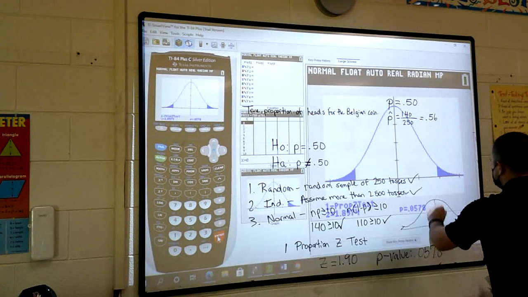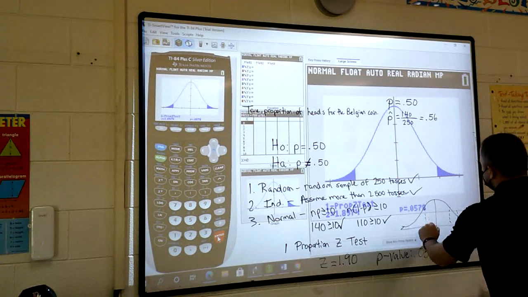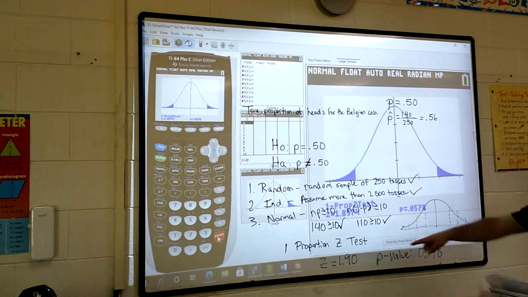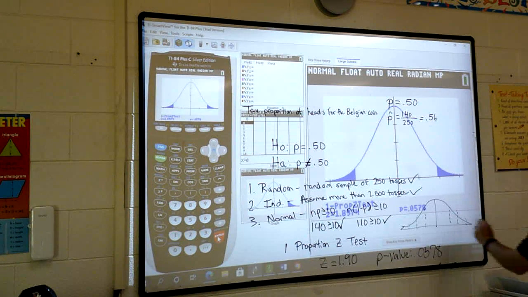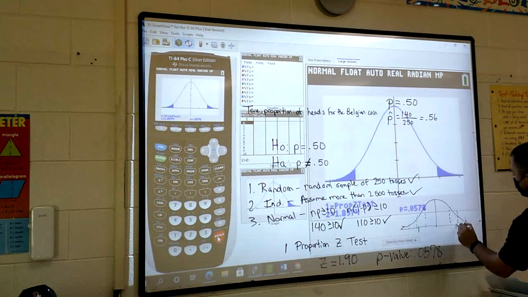And then we can make our little drawing, right? With 3 standard deviations. Notice the z-score is right near about 2 standard deviations. That's where you're shading. So from here and from here. So you shade in both directions.